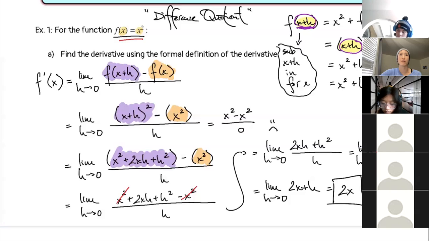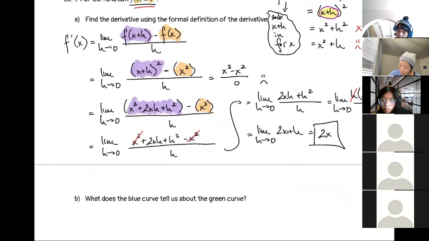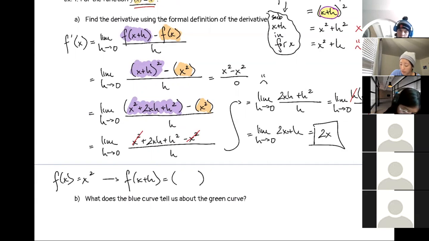Yeah, that's a really good question. So let me squeeze it in over here. If f of x equals x squared, right? f of x plus h is just replacing everywhere I saw the x with an x plus h.